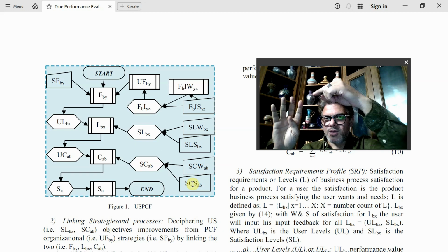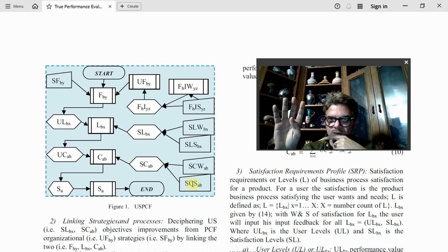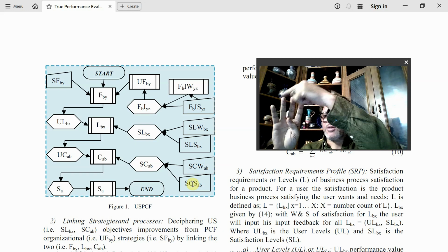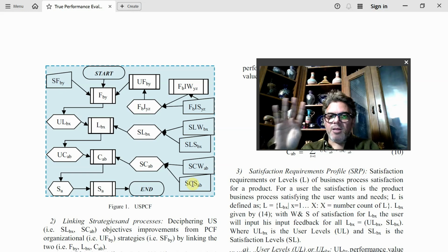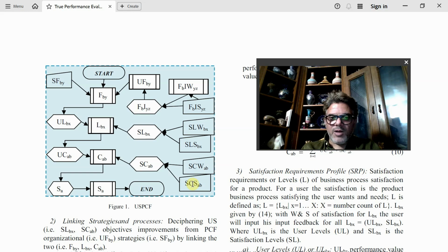So each one of us can have different sequences. This is the real manifestation of an individual satisfaction process for this specific user, although they are using the same categories. Then for every category, he will have a score and weight. Now, I chose to do the weight first.